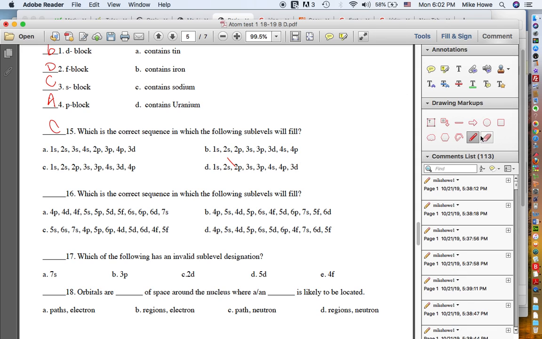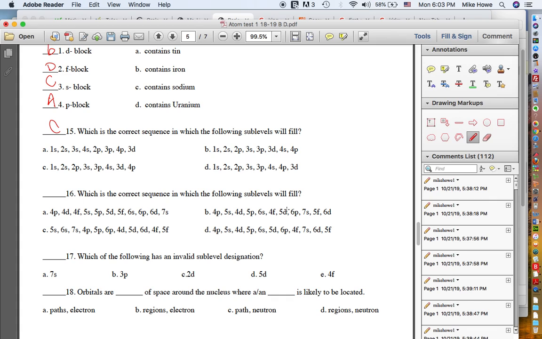And I accidentally hit this over here, so we'll erase this real fast. There we go. All right, then the correct sequence here, this is further down the table. So if you do here, you got 4p, 4d. Well, that doesn't work because 5s would be in between. You got 4p, 5s, 4d. That's good so far. Then 5p, that's good, matches the table. Then 6s follows 5p, that matches.